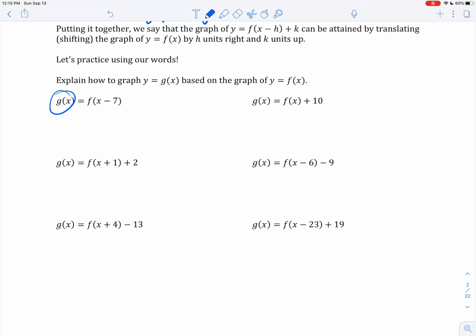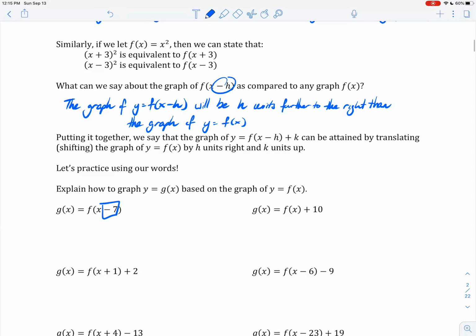So if g of x is f of x minus 7, we see this piece in there, which is essentially this. We know that it's inside those brackets, so it must be horizontal. So it's talking about moving it left or moving it right. Okay. Well, if x minus h is h units further to the right, then f of x minus 7 must be 7 units to the right.